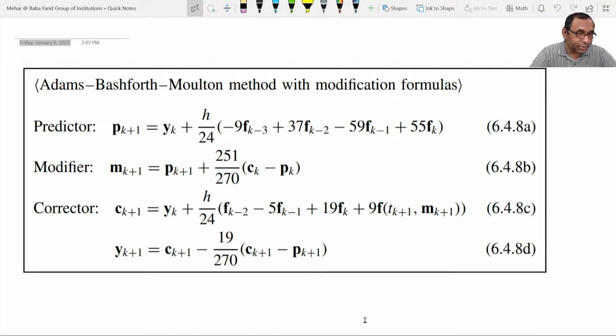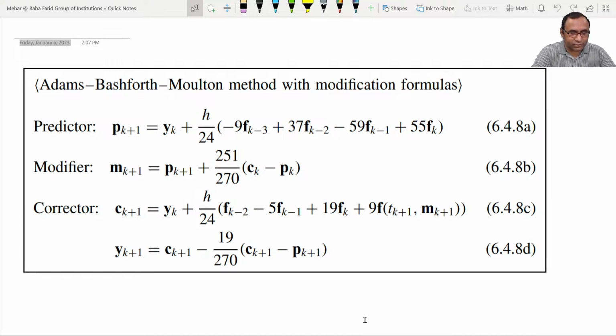We can use the Euler method as well as Taylor series. So one of these methods we can use to calculate the four values which are required for the Adams-Bashforth-Moulton method and the Hamming method. Predictor and corrector are both very simple methods, highly used for different types of calculations and approximations, and they provide us more accurate solutions.